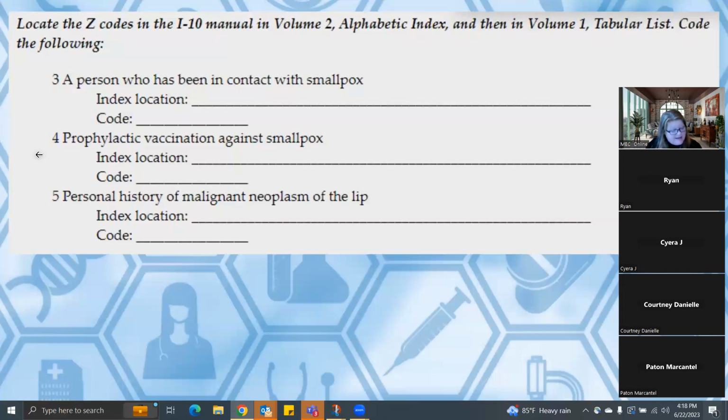All right, and there are a lot of personal history codes. So personal history, malignant neoplasm, let's see, digestive organs, esophagus, stomach, carcinoid tumor, intestine, pancreas, bronchus, trachea. Oh, genital organs.